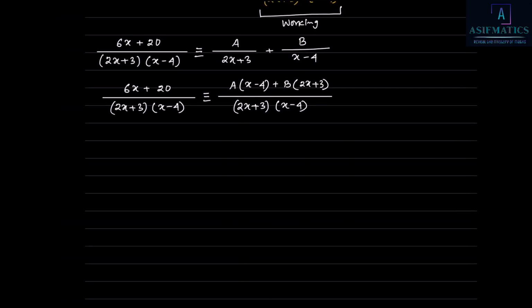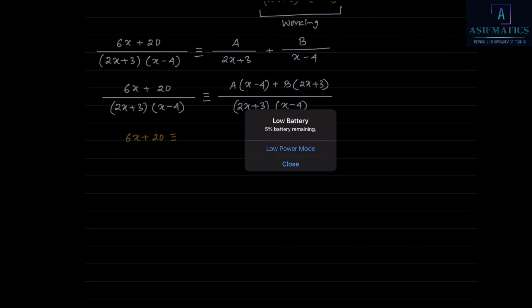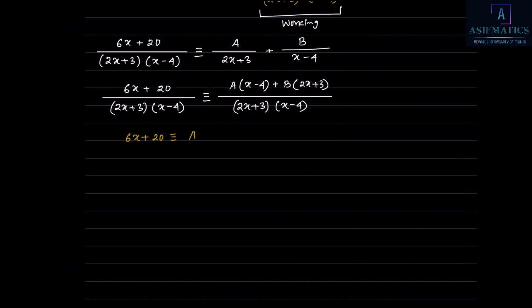Then we can simply write 6x plus 20 is identical to a times (x minus 4) plus b times (2x plus 3), because from both sides we can cancel out the similar thing. Now this is our main equation.